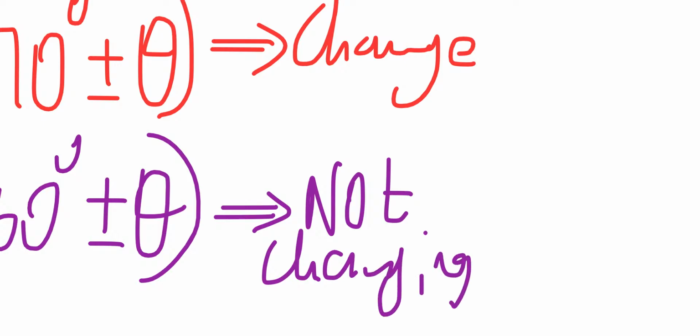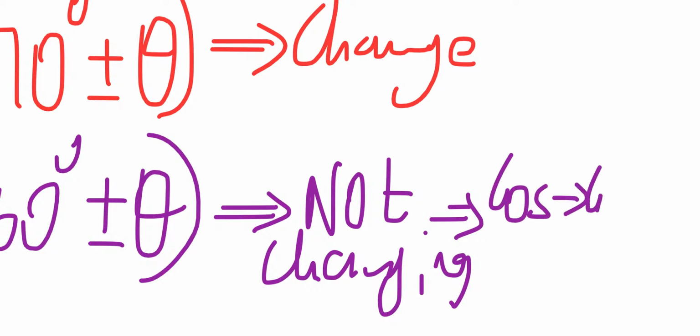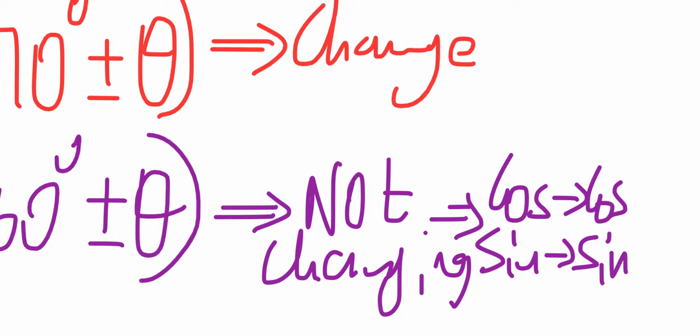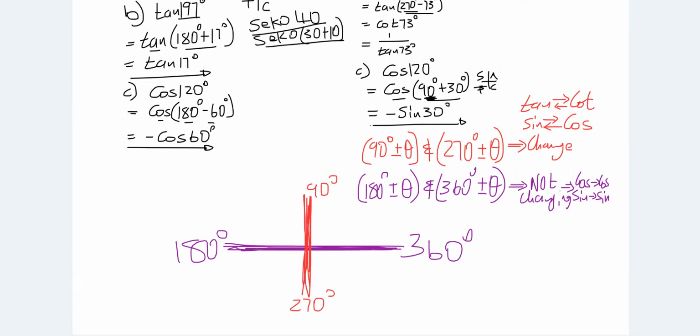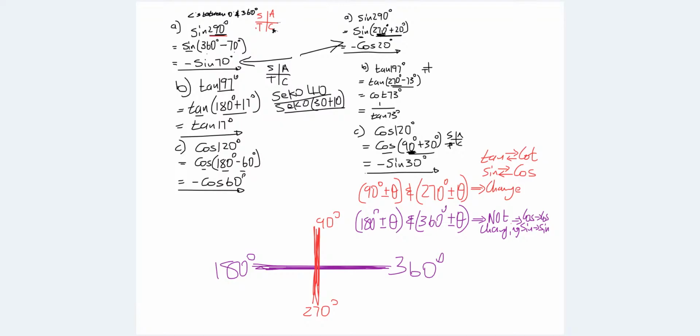They are not changing. So that means if you are given a cos, it remains as cos. You just need to be careful of the signs. Even if it is sine, it just remains as that. So I'm pretty much sure that you now have a better understanding of what is going on and how you deal decisively with this type of problem.